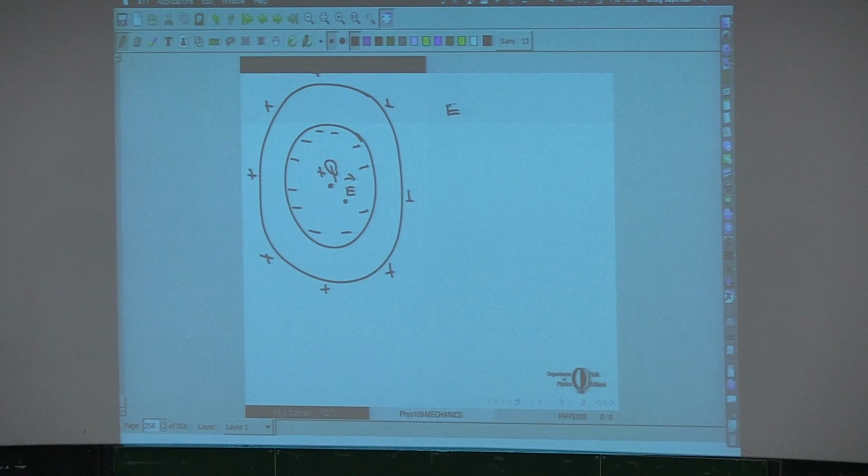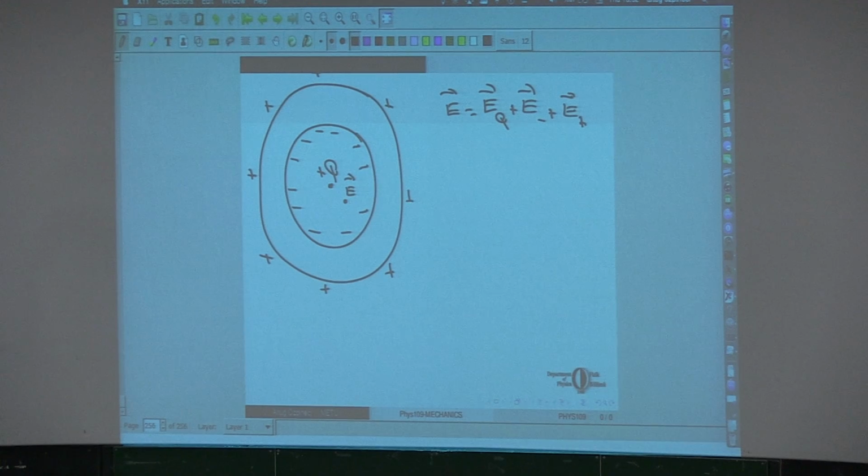Now, if we want to find the electric field over here, inside, this electric field will be the electric field created by the charge Q, plus the electric field created by the minus charges, plus the electric field created by the positive charge. No, the answer is not that.